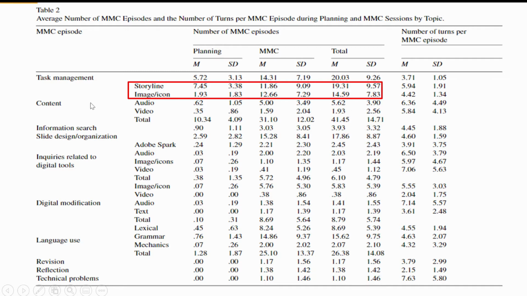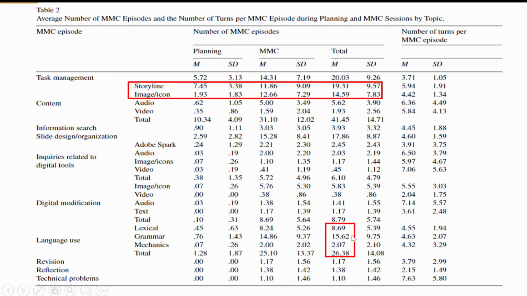You can see that content-related episodes were a lot more frequent than the other types of episodes. Among content-related episodes, which was 41 MMC episodes, the majority were related to storyline or image-related discussion.